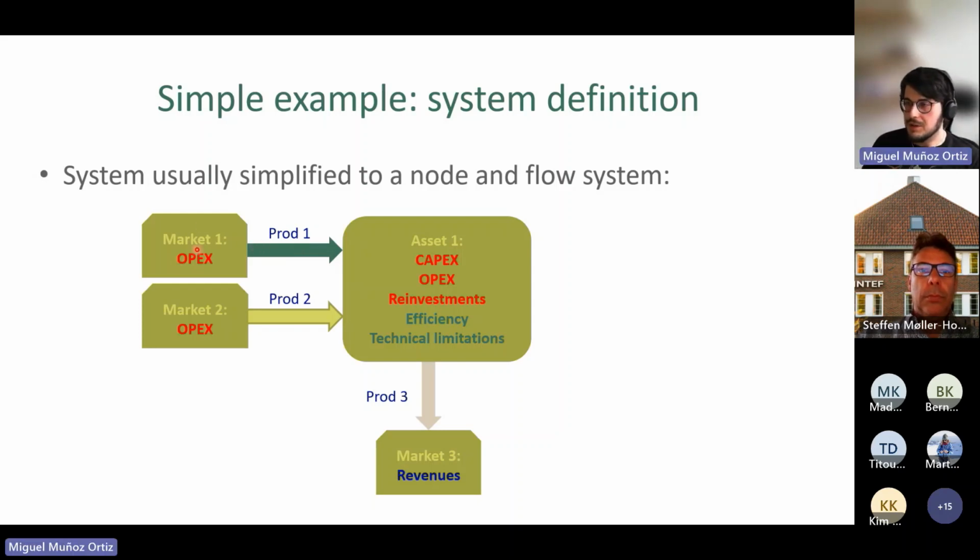And of course, if you are acquiring these products from different markets, you will have operational expenditures, meaning the price you pay for these products. And also when your system produces a product number 3, you can sell it to a market to get revenue. But I know this is really abstract. We will come to more specific cases.